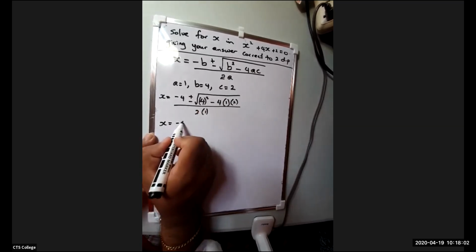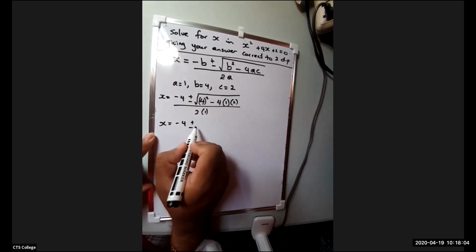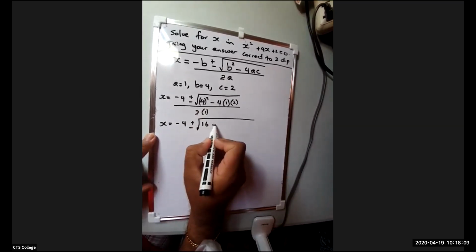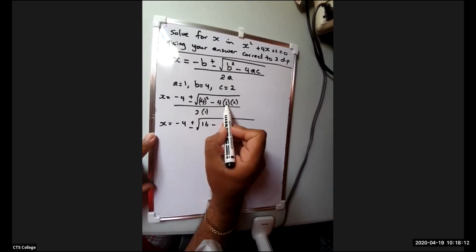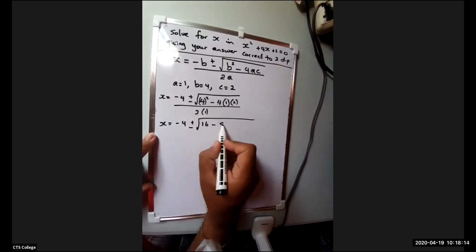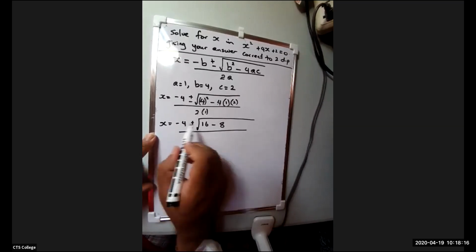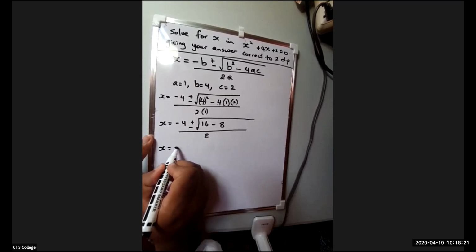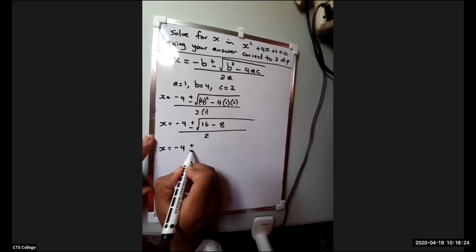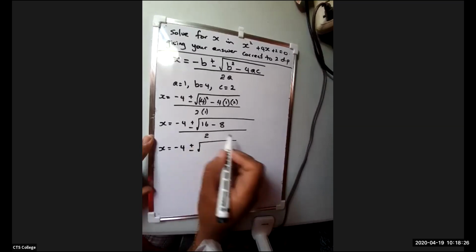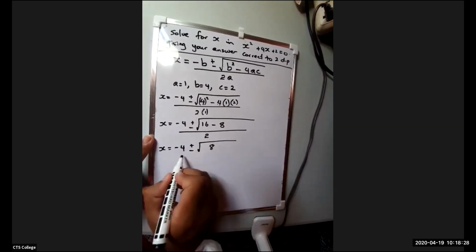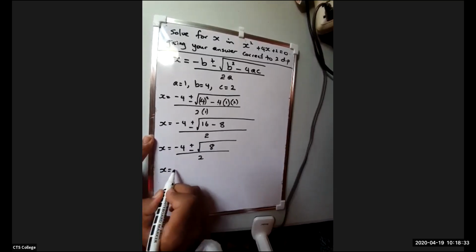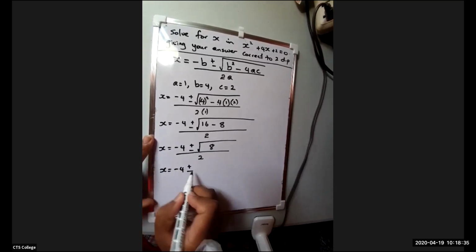So I write them up: minus 4 plus or minus the square root, 4 squared is 16, minus 4 by 1 is 4, and 4 by 2 is 8, all over 2 by 1 is 2. So again, x is equal to minus 4 plus or minus the square root of 8, 16 minus 8 is 8, all over 2.